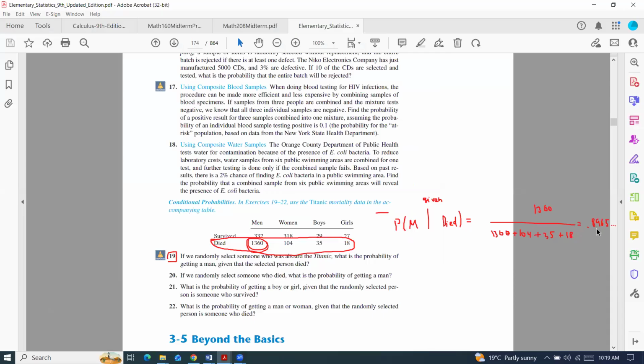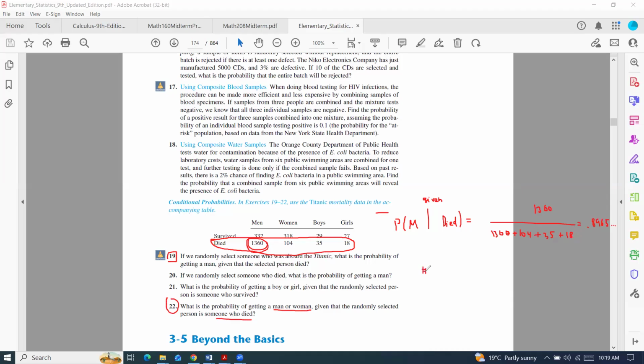It's a little less. So maybe I'll do one more and then I'll let you go. This is the last push. How about number 22? Let's do the last one. So again, a man or a woman, given that we selected someone who died. Oh, that's an analogous kind of exercise, right?